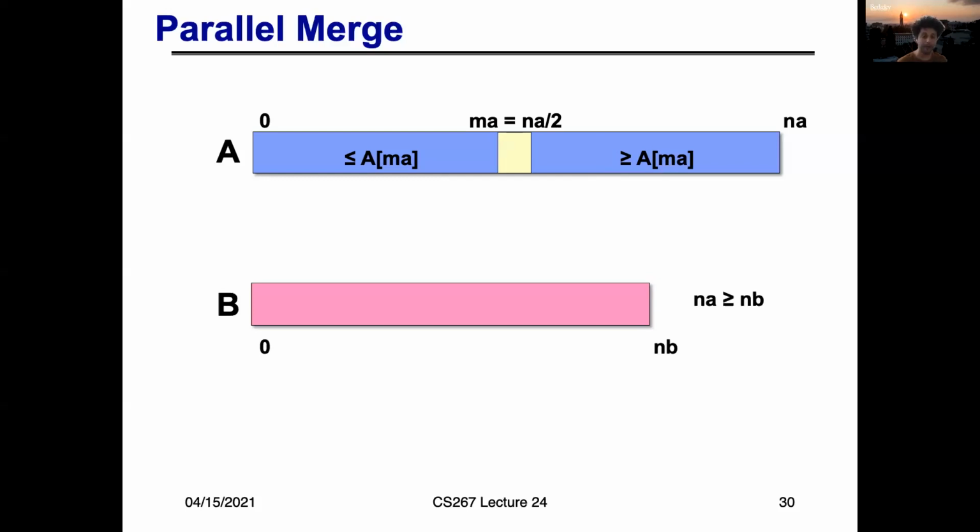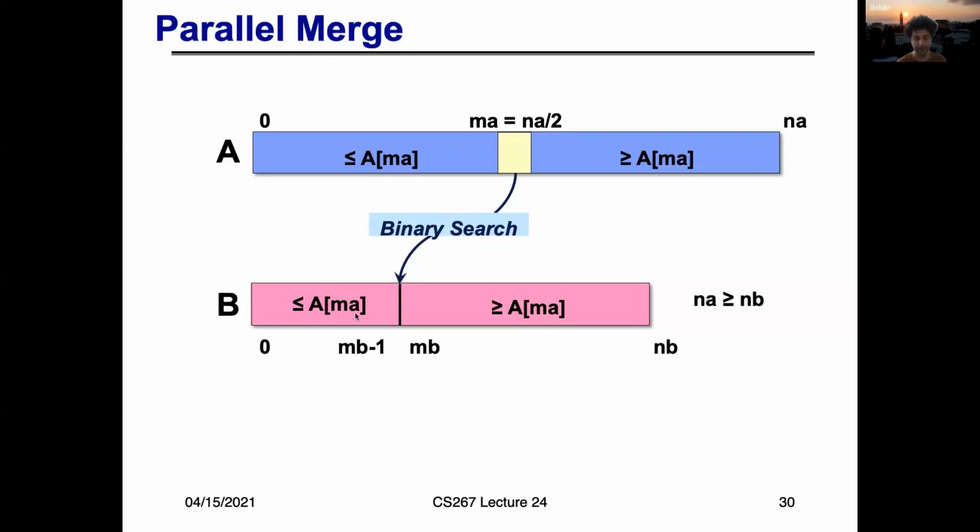And then I'm going to do binary search on this other list, the list B, to find where I would have inserted A of MA. And it returns me a location, very simple. You can call std::lower_bound to find this, which means anything on the left of this location is less than or equal to the A of MA that I searched, and anything on the right of this location is larger or equal to A of MA.